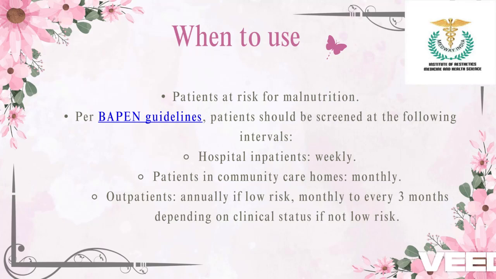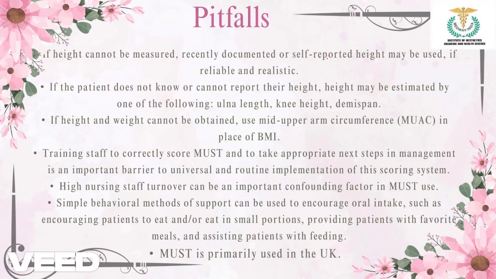What are certain problems, pitfalls, that we face when it comes to MUST? If height cannot be measured for a patient, we can go with the recently documented self-reported height. Generally we know our height, like I am 6.5, 6.2.